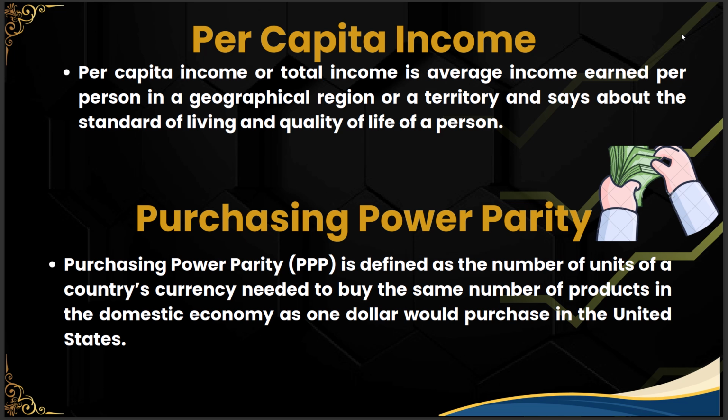Let's say you buy products for $100 in the USA and convert another $100 into INR. You can see what you can buy using that converted money in India too. So that shows the purchasing power parity.